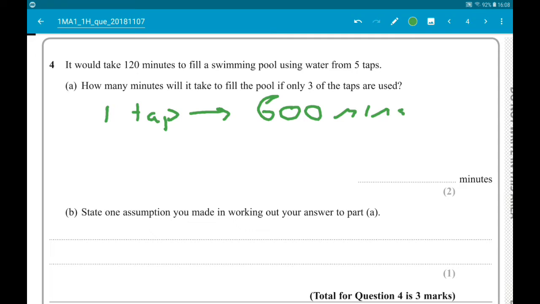Now, we want 3 taps, so if we're now multiplying the number of taps by 3, we divide the time by 3, so that's going to have to be 200 minutes.